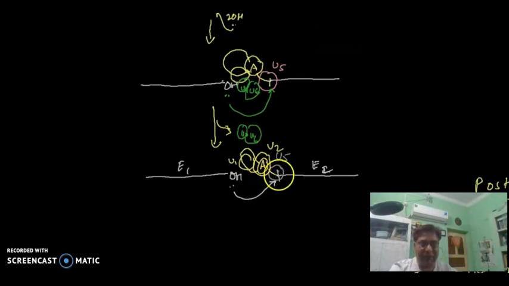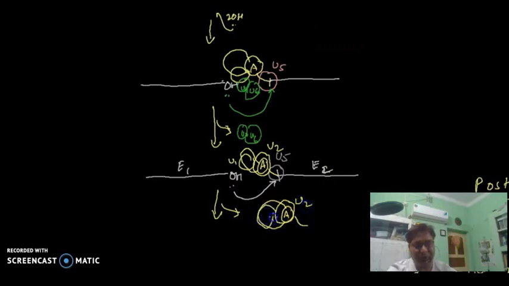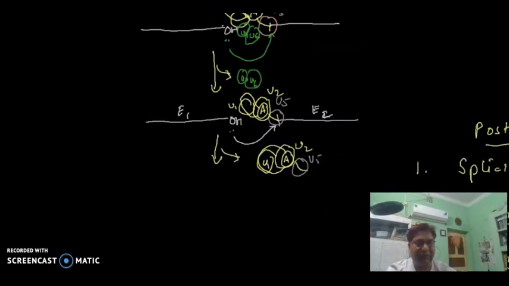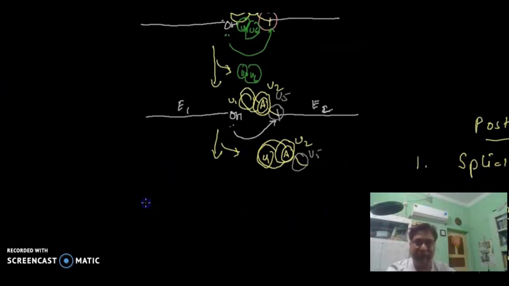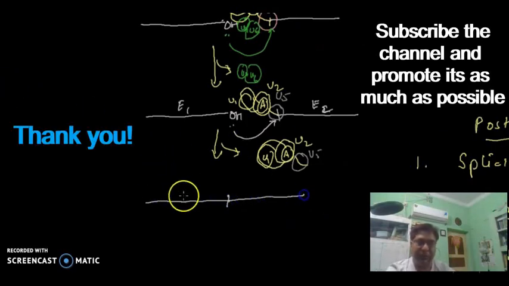Now, after this nucleophilic attack, a cleavage occurs here, and in the next stage the branch lariat, along with U1, U2 and U5, are released, and the two exons are thus joined together like this. So this is how splicing in case of spliceosome mediated splicing occurs. Thank you very much.